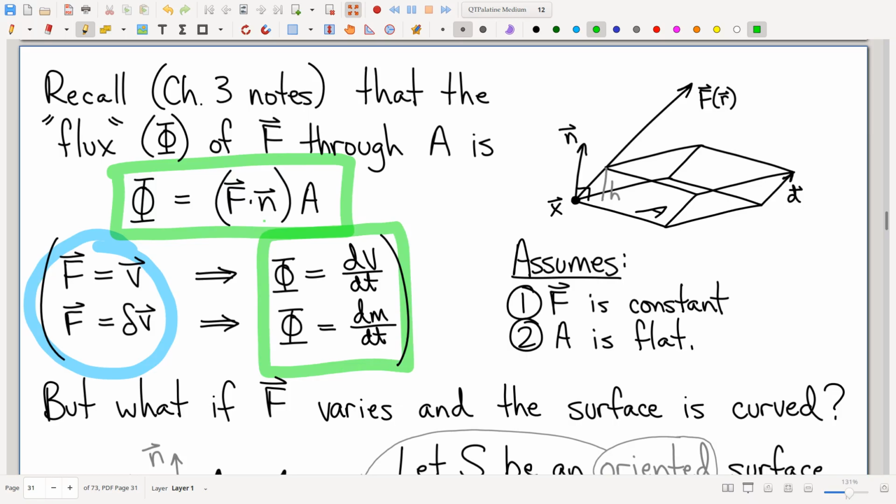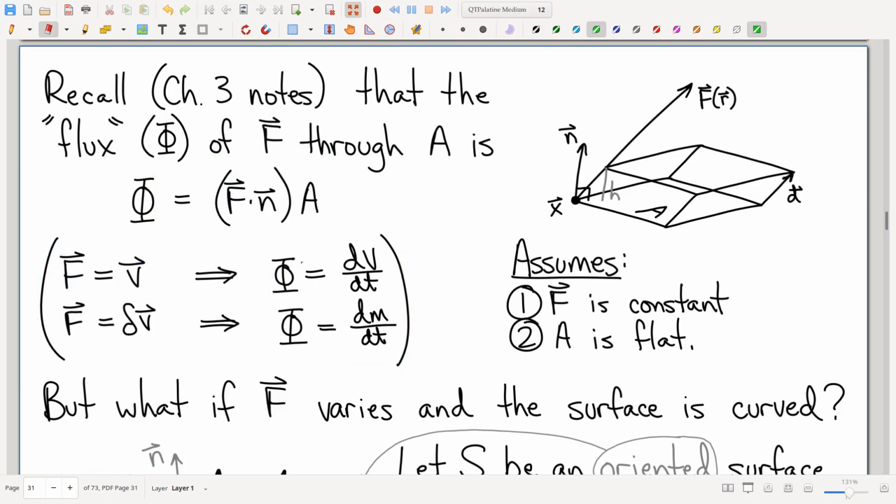So quantity of fluid per unit time. Not velocity, not linear distance per unit time like a speed, like the vector field might represent, but quantity of fluid, maybe volume or maybe mass of fluid per unit time, that's actually going through the surface.